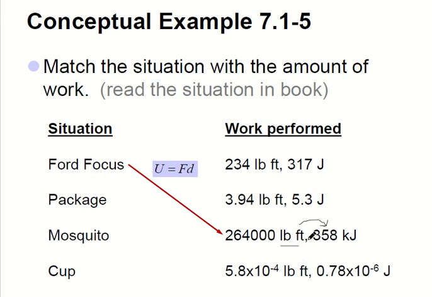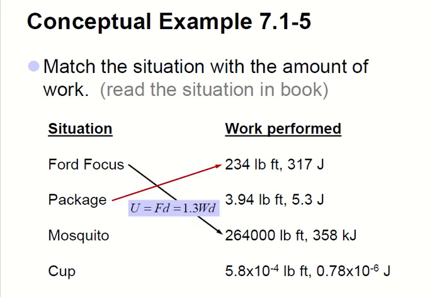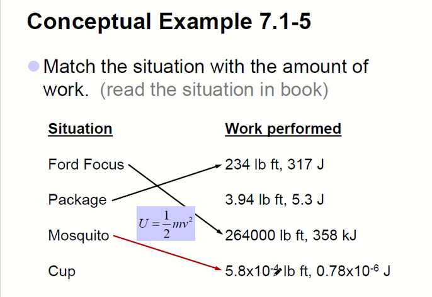So that's the force in, of course, the feet, which is this guy. The second one is a package, lighter, 234 pound-feet, and the third one is a mosquito, which is negative, very, very light, and then of course the last one is your cow here.